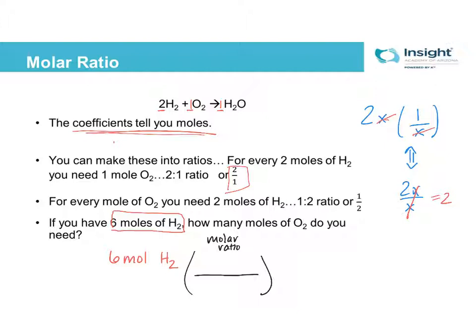What we want to do is we need to cancel moles of H2 and switch to moles of oxygen. That is what the molar ratio does. Molar ratio switches which chemical you're dealing with.